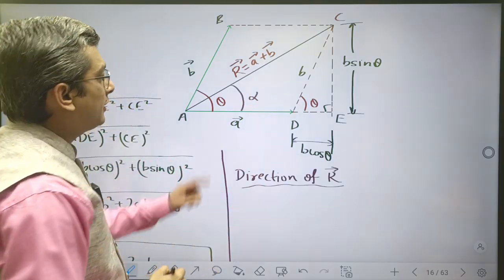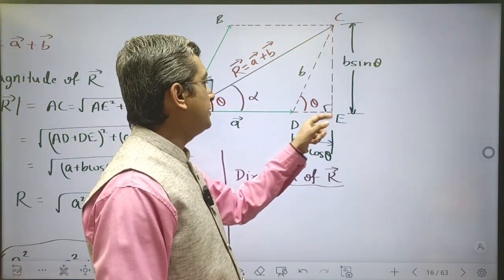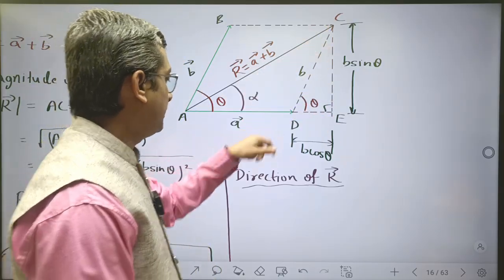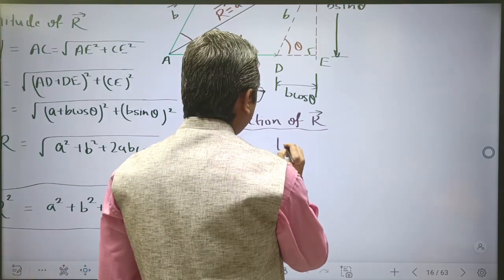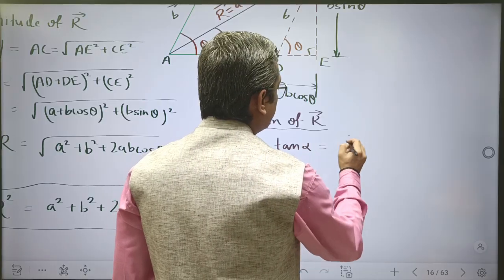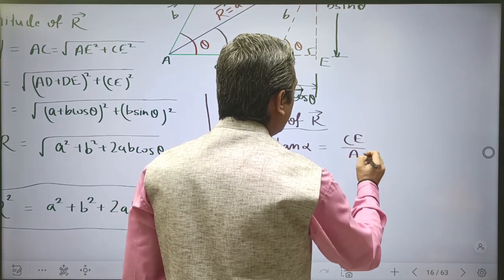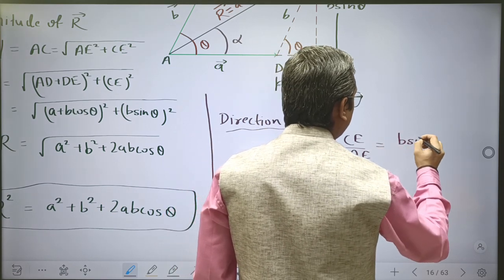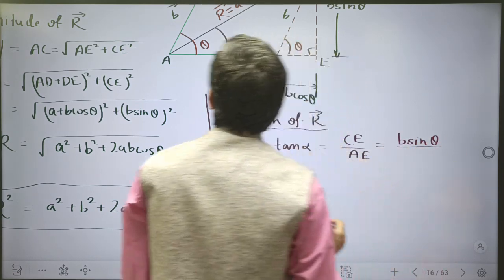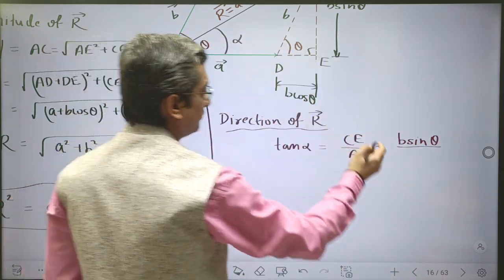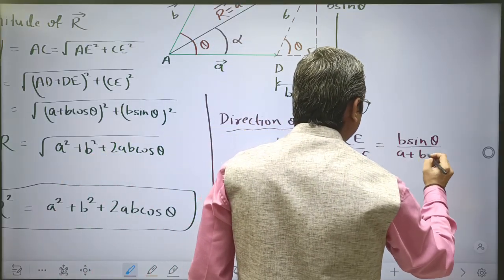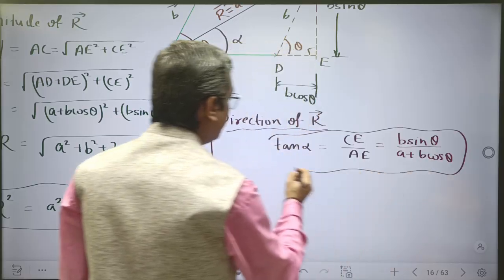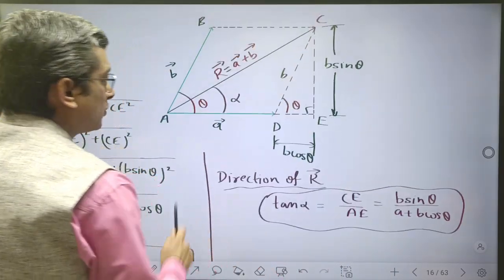So again in triangle ACE, tan alpha is given by the opposite side, that is CE, by AE. Now what is CE? CE is B sin theta. And what is AE? This is AD plus DE, that is A plus B cos theta. So tan alpha is B sin theta by A plus B cos theta.